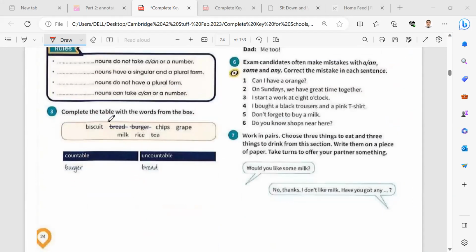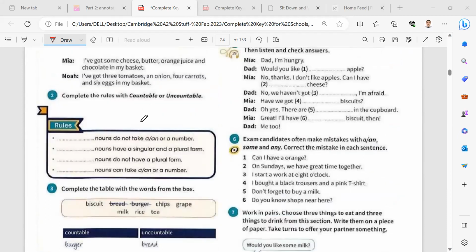Aha, the rule books. Yes, you can do it quickly. Just write countable or uncountable nouns. Don't take a or an or a number. Which one? Uncountable nouns. Yes, you are right. Nouns have a singular and a plural form.